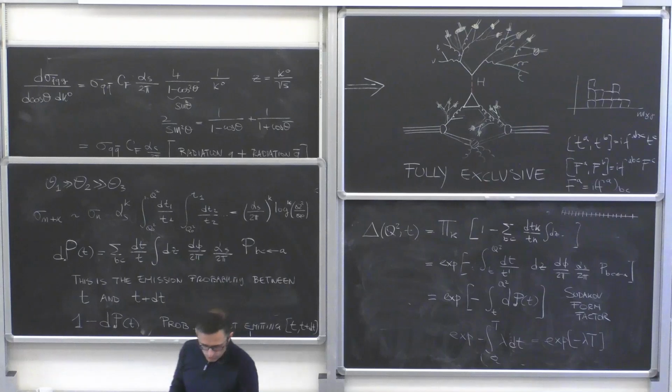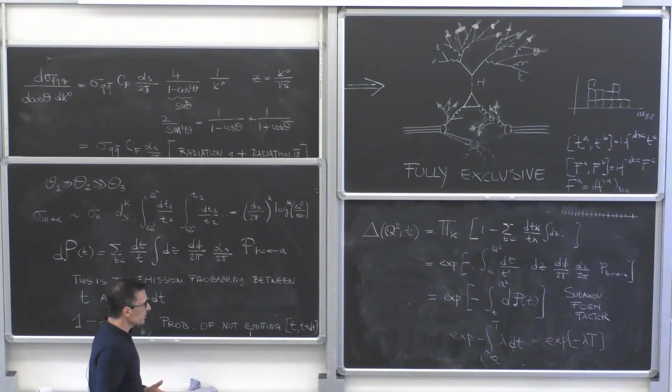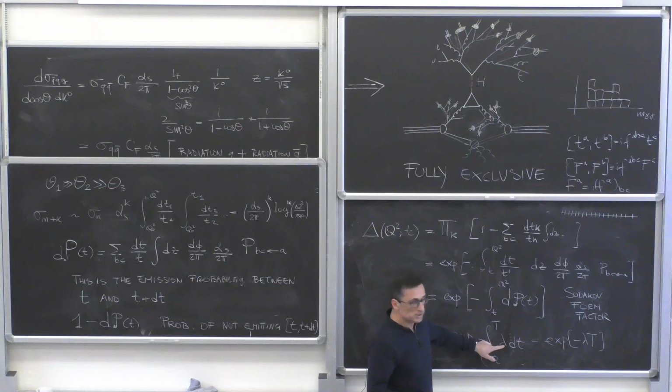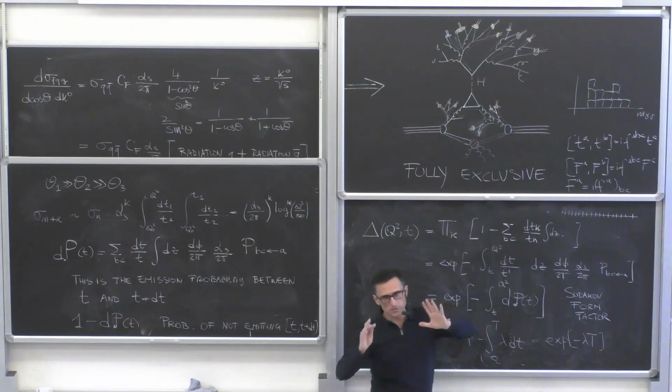So for a parton it's the same. The probability in time of disintegrating is a probability in virtuality, which I have to integrate in the range of evolution that I have. It's the same idea.